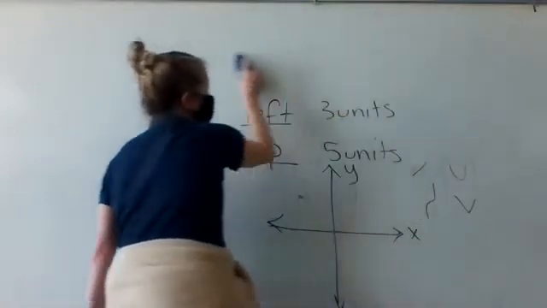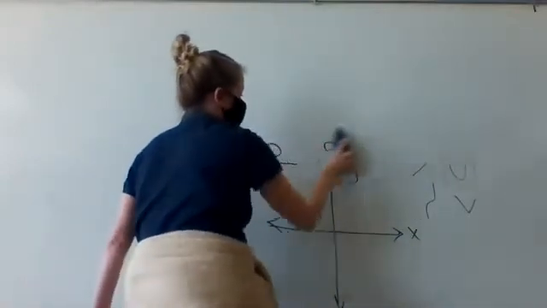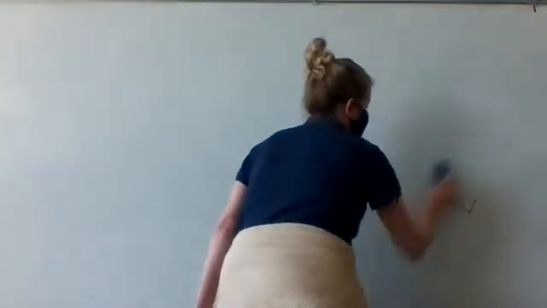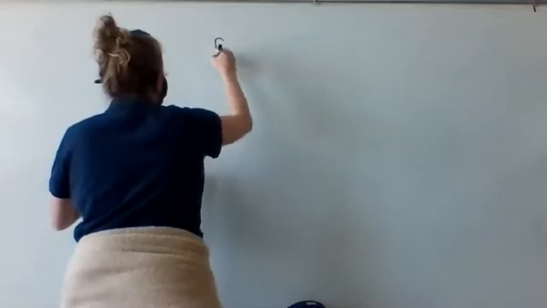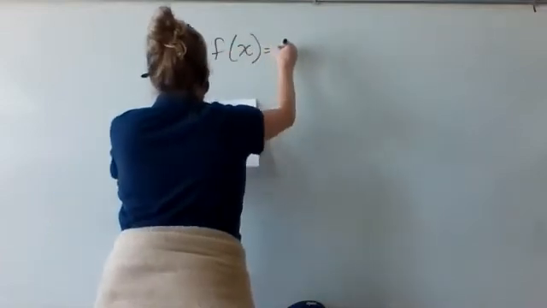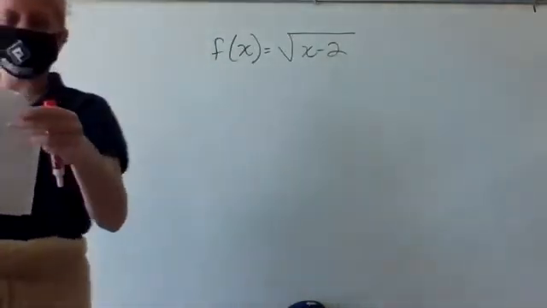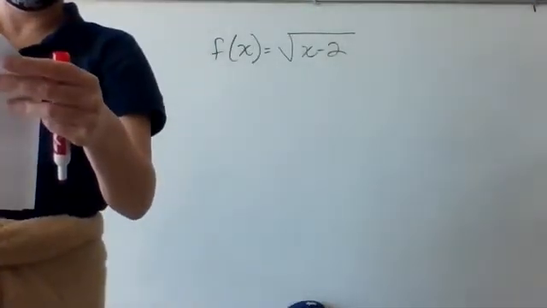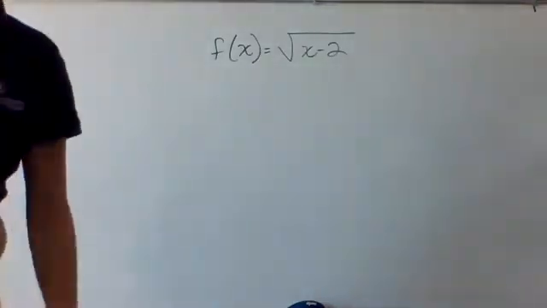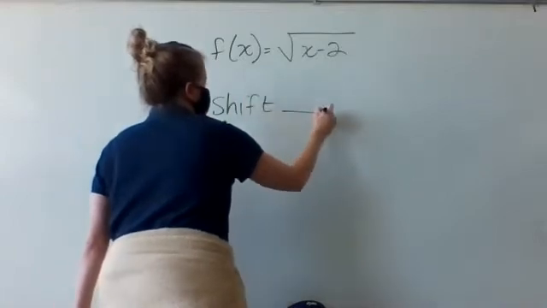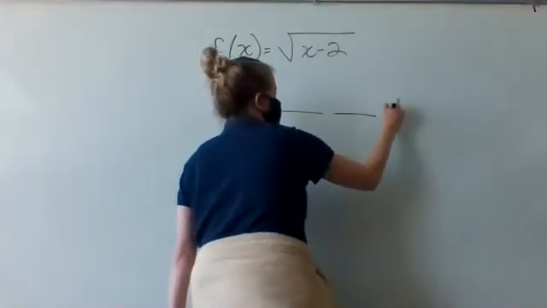Right, number 3. F of x equals the square root of x minus 2. Okay, and this one is going to shift it this way, blank units.